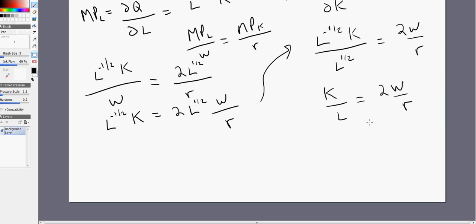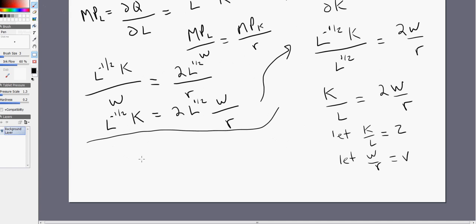As we did before, let's let K divided by L equal Z, and let's let W divided by R equal V. We'll make these substitutions into our condition up above. So we're going to get Z equals 2 times V.